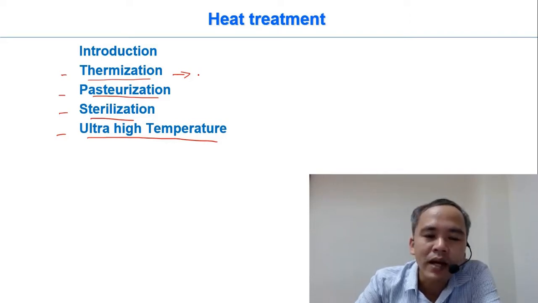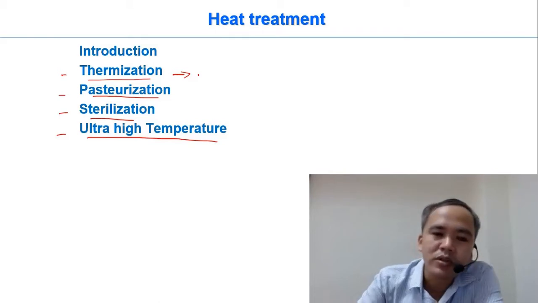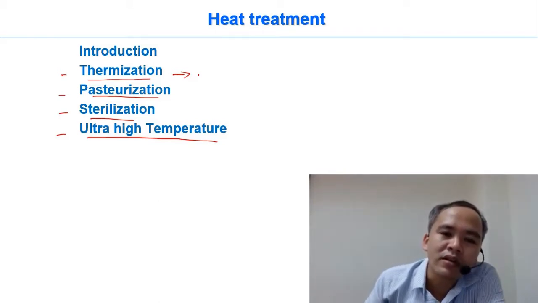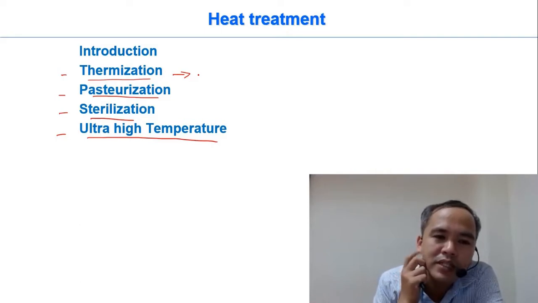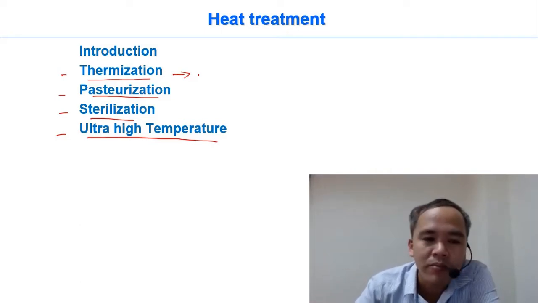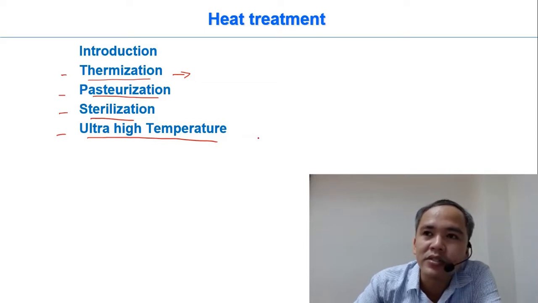It's a mild heat treatment just for further storage of raw milk after receiving it into the factory. If you want to store the raw milk for a period of time, then we need to do thermization. The objective is to destroy psychrotrophic bacteria.